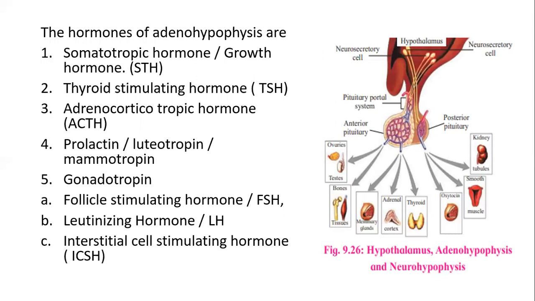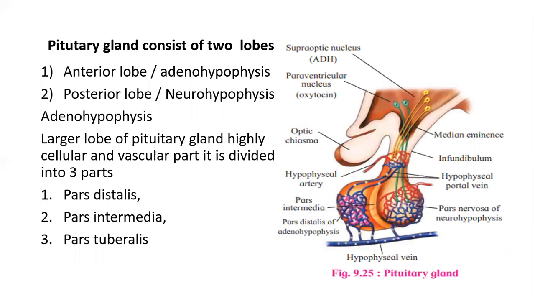See here in the figure, the structure of neurohypophysis: median eminence, infundibulum and the pars nervosa. These three parts are included in the posterior lobe of the pituitary gland, that is neurohypophysis.